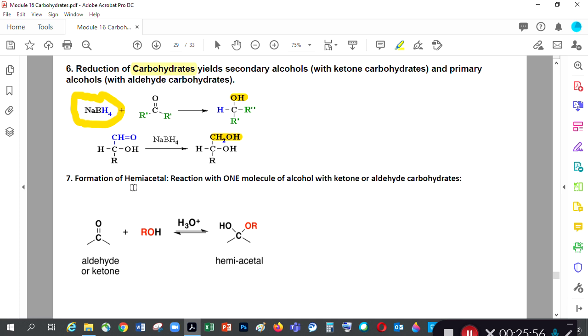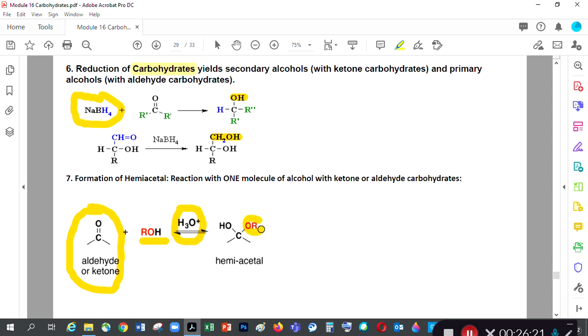So now we have very unique stuff here. Formation of hemiacetal and hemiketal. What happens is if you have a carbohydrate with the aldehyde group or ketone group, and you put one molecule of alcohol in the presence of an acid catalyst, you get this structure here. So this structure is unique.